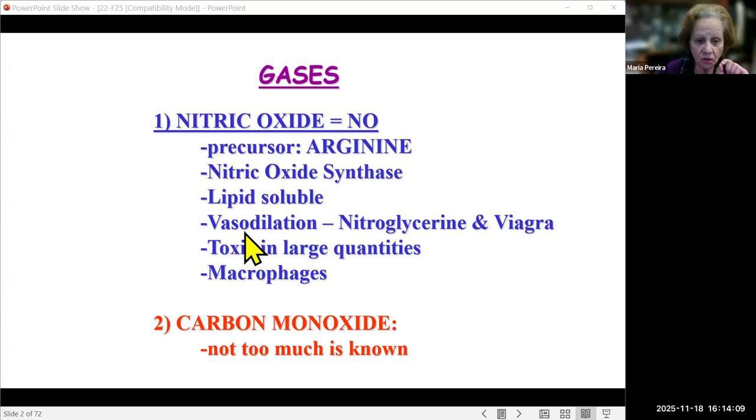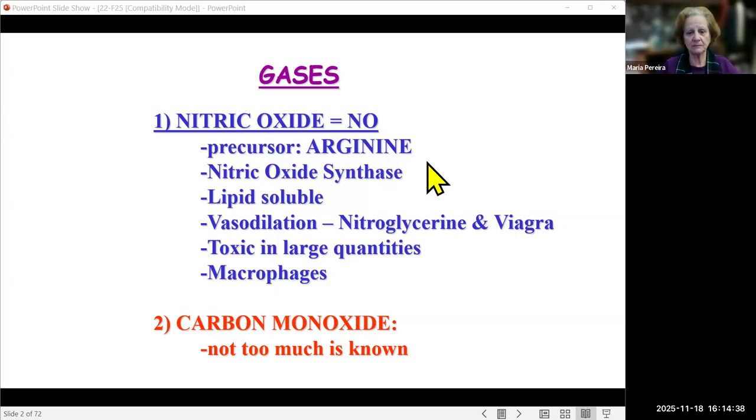So what does it do? It causes vasodilation. So it acts on smooth muscle. This enzyme, nitric oxide synthase, there are three different types of nitric oxide synthases. One present in the neurons, another present in macrophages, another present in the endothelial cells. And these enzymes act on arginine.